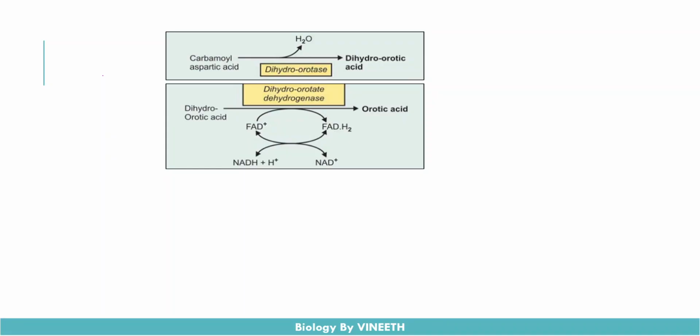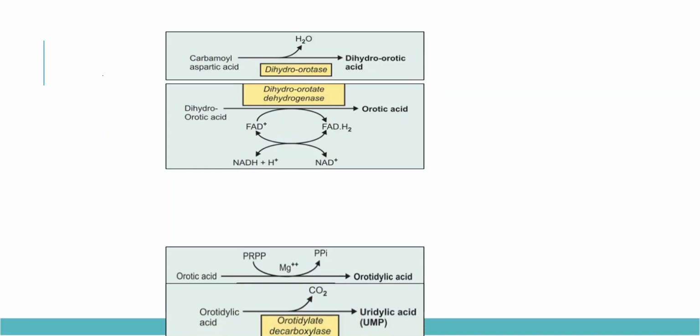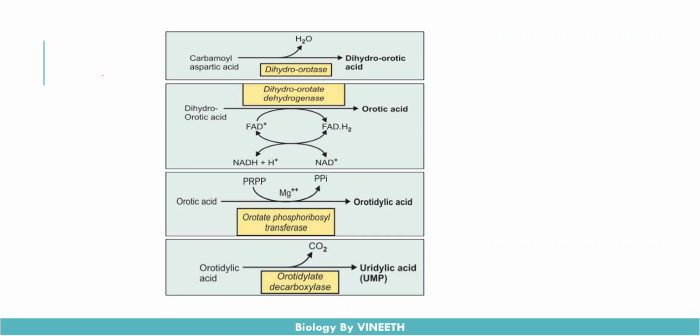Dihydroorotate dehydrogenase oxidizes this dihydroorotic acid and converts it into orotic acid. Then this orotic acid, in the presence of PRPP, phosphoribosyl 5-phosphate, is converted further.